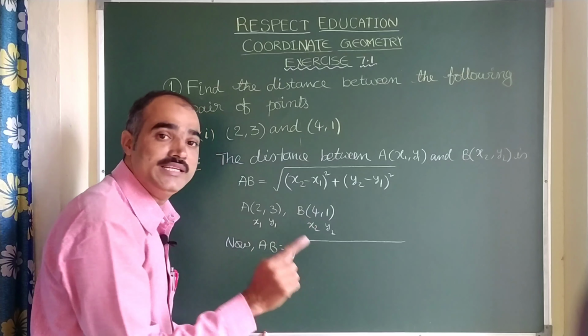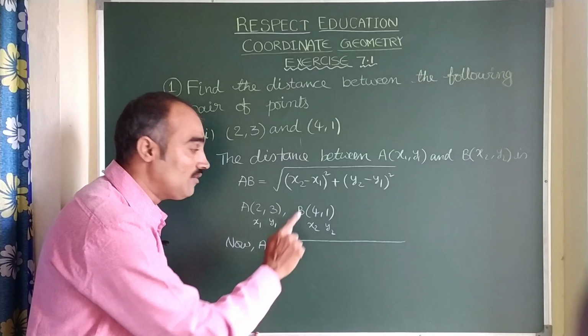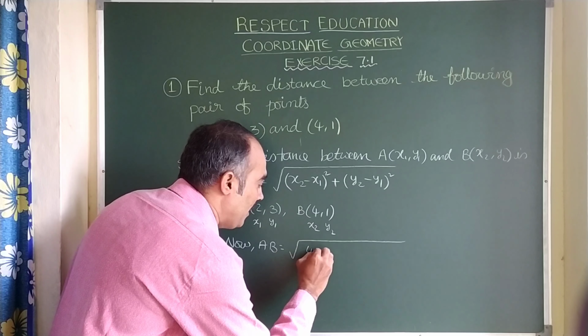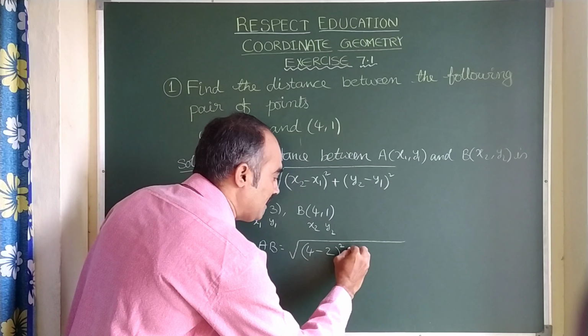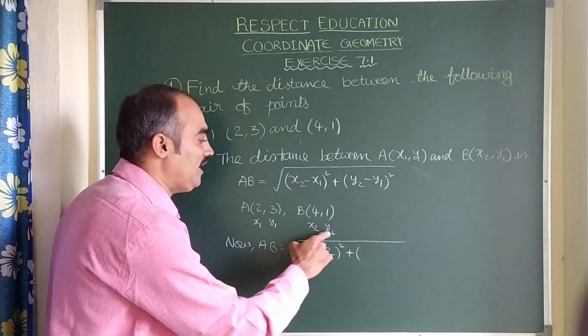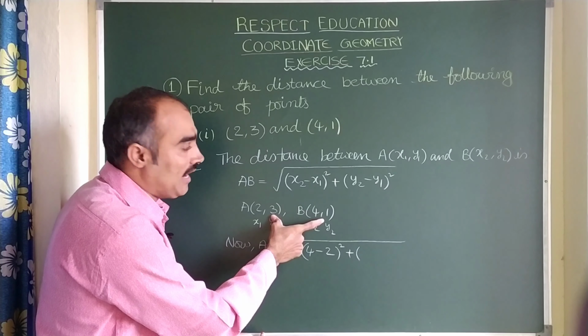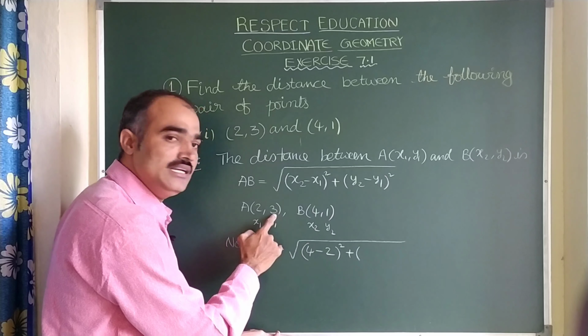So without getting any kind of confusion, what I am saying here, you compare x1 and x2, which is bigger. For example, here you see 2 and 4, which is bigger? 4 is bigger. So first I am writing here 4 minus 2. 4 minus 2 whole square plus, let us come to y1 and y2. You compare these two, 1 and 3. According to the formula, y2 minus y1 means 1 minus 3 should come.